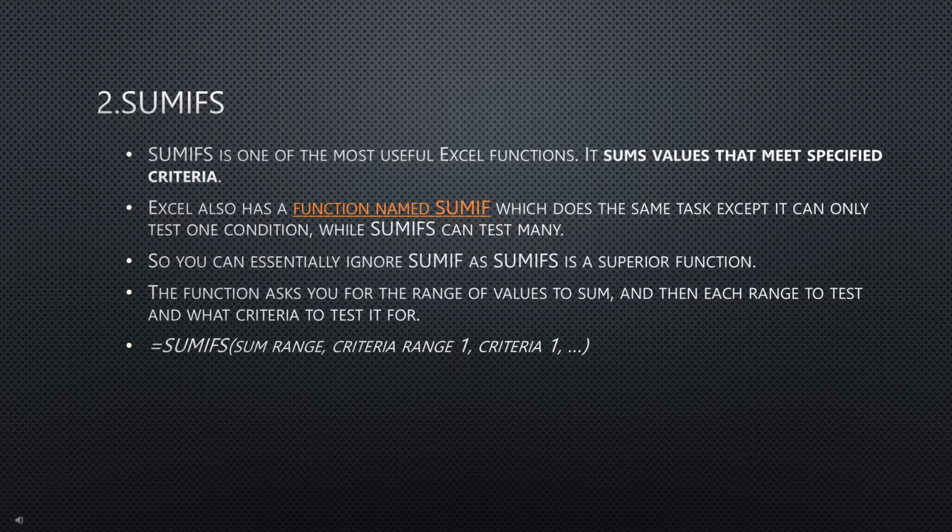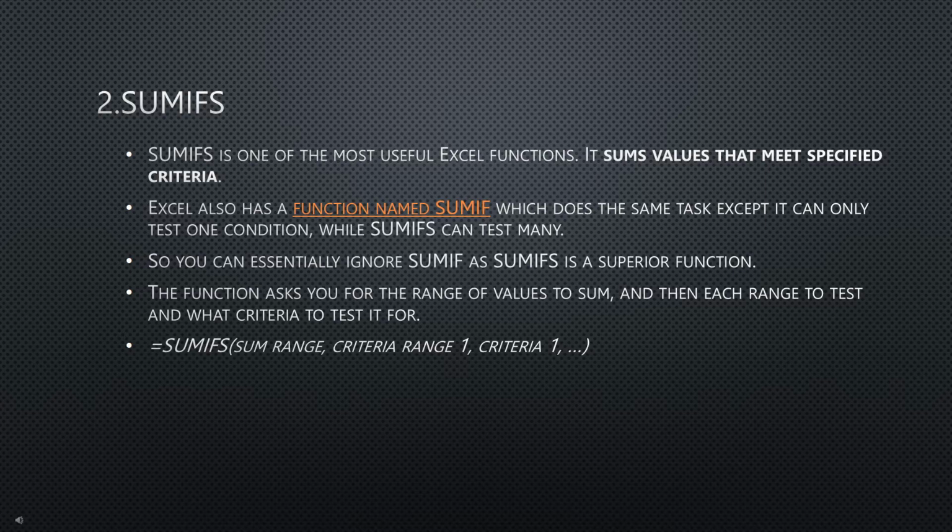Secondly, we can talk about the SUMIFS function. SUMIFS is one of the most useful Excel functions. It sums values that meet specified criteria. Excel also has a function named SUMIF which does the same task except it can only test one condition, while SUMIFS can test multiple.